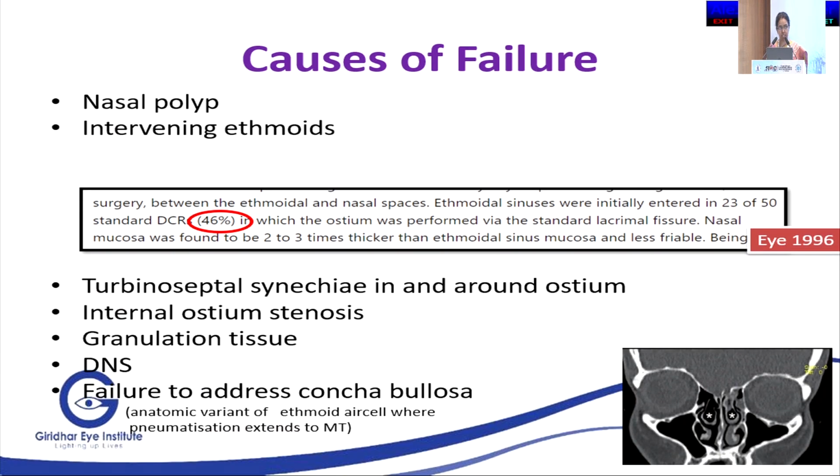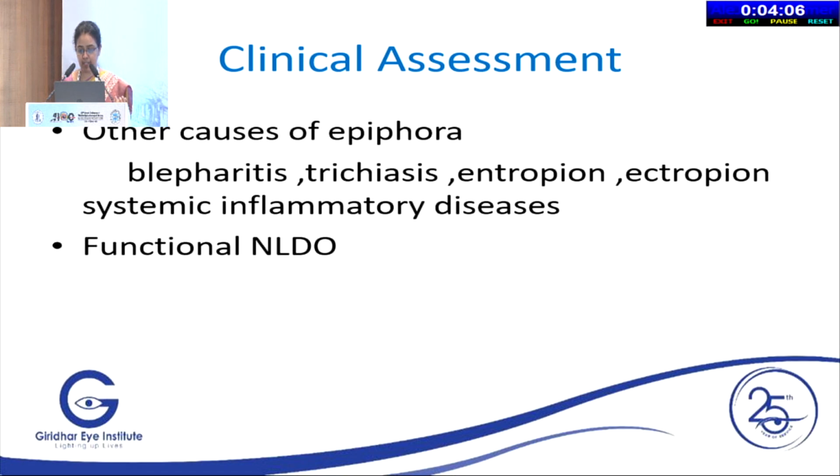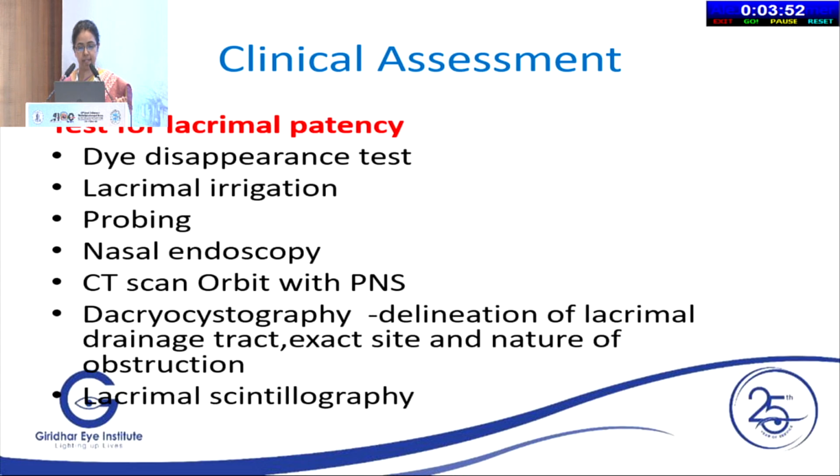The literature says that in around 46% of cases there is a history of ethmoiditis or systemic inflammatory disease. Then rule out functional NLDO. That means the ostium patency is there, but the patient has watering due to pump failure, which happens in occult facial nerve palsy or other causes.